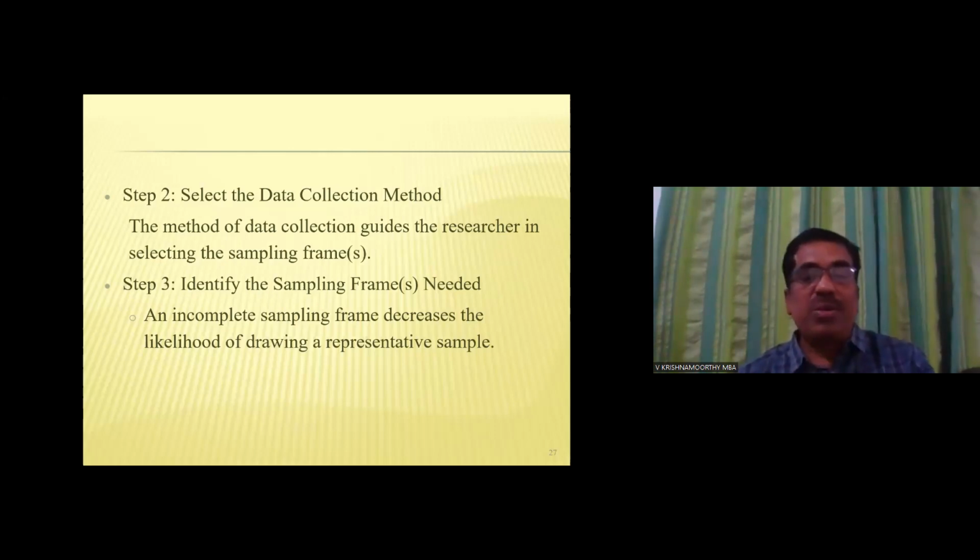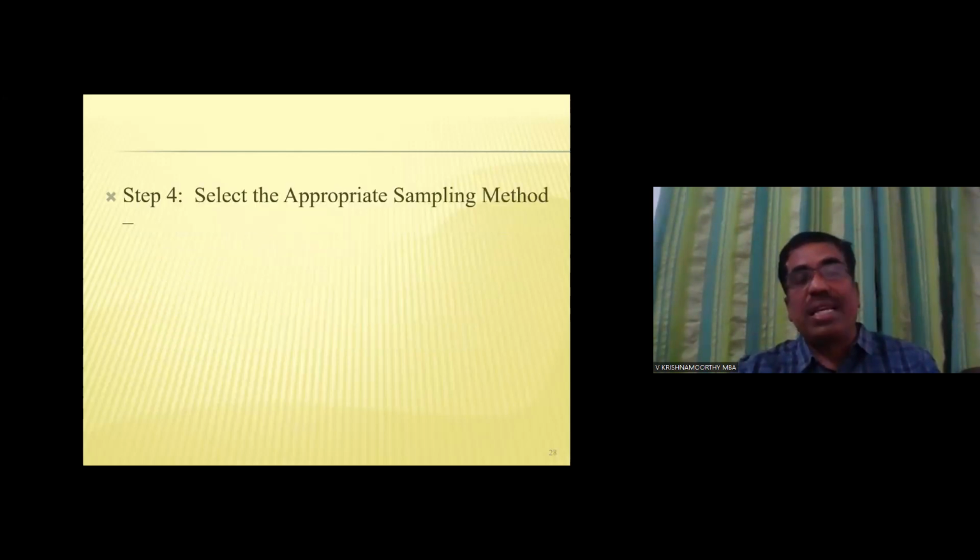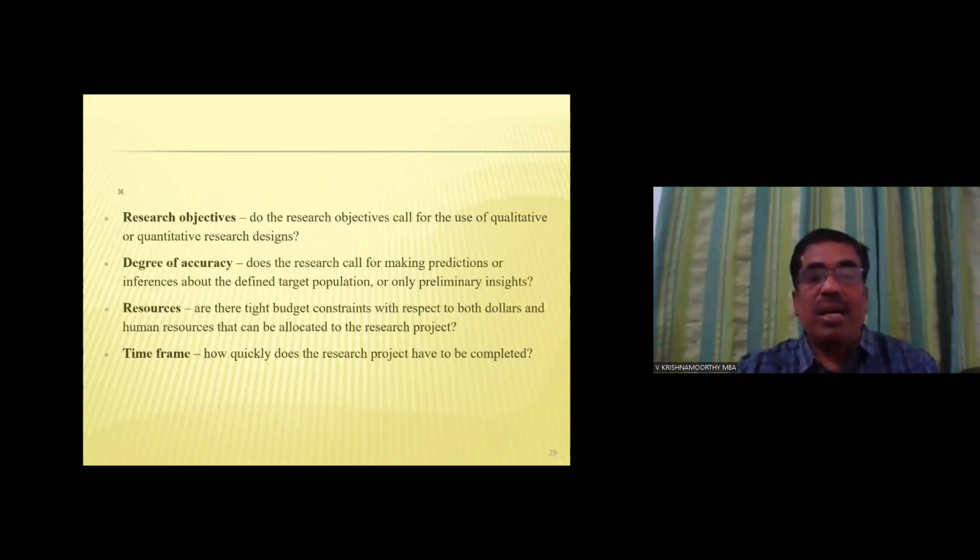Third, I should identify the sampling framework needed. An incomplete sampling framework decreases the likelihood of drawing a representative sample. So I should collect an appropriate sampling framework. Next, you should select the appropriate sampling method. This is very important.